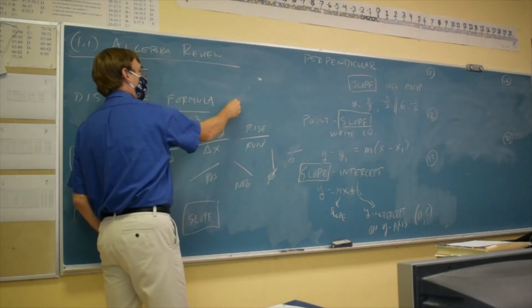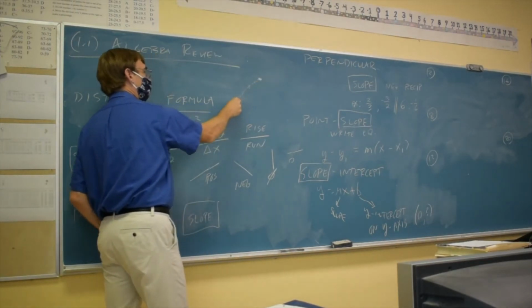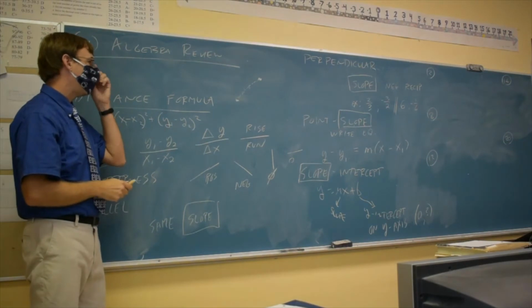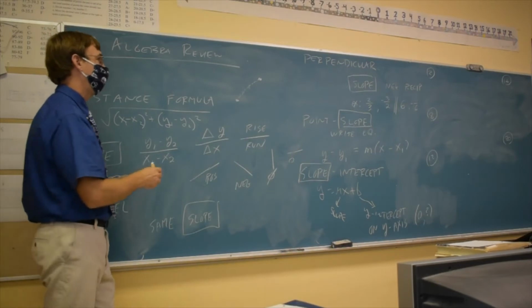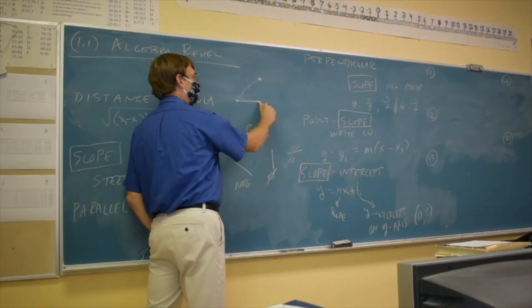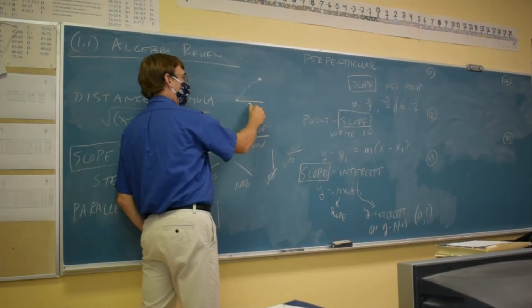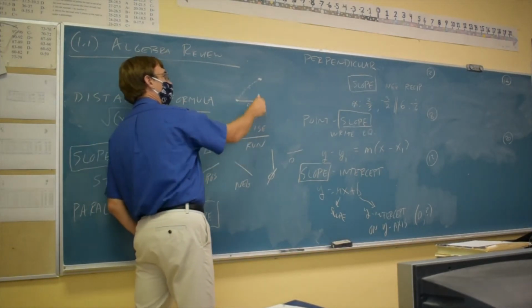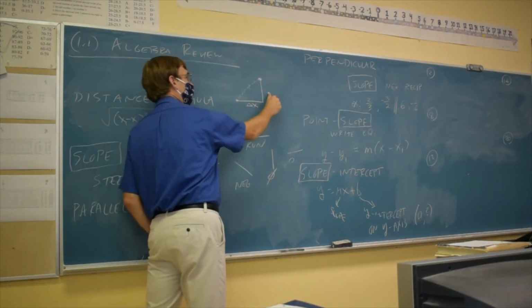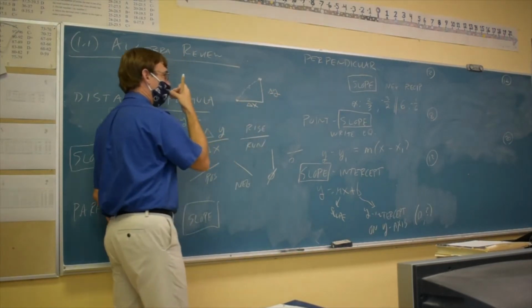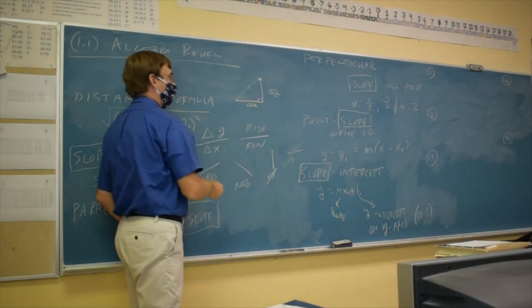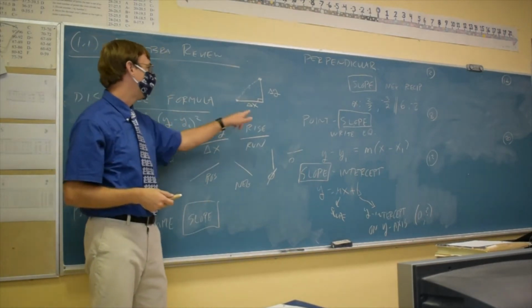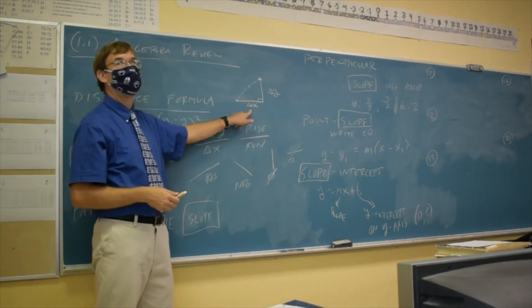If I wanted to know how far apart these points are, if you had a piece of graph paper or something like that, a lot of times the way you figure out how far apart points are is you'd measure this and you would know how much of an x change you got. You'd measure this and you would know how much of a y change you got. This would have to be a right angle. In a triangle like that, these two things are called the legs.